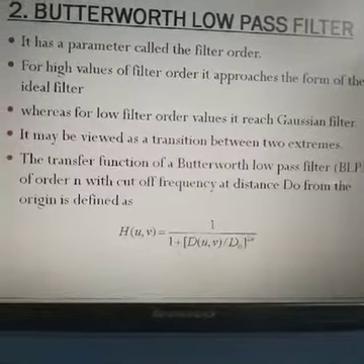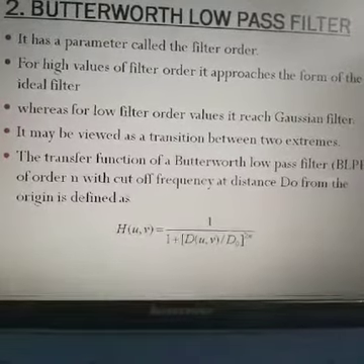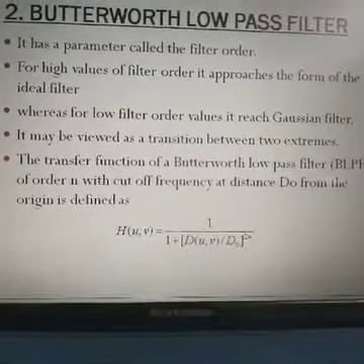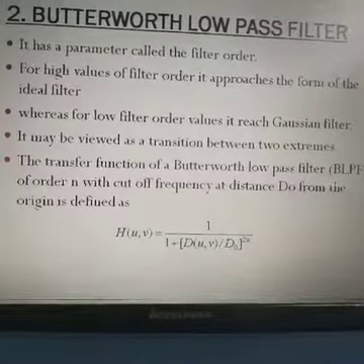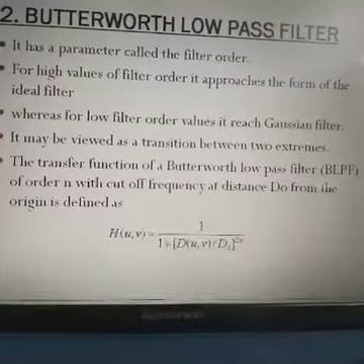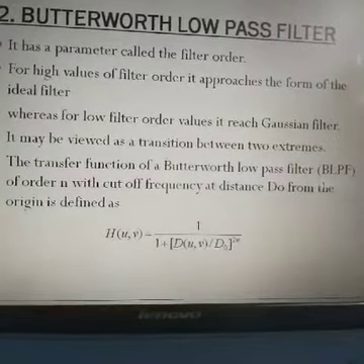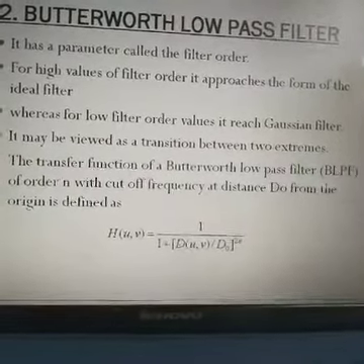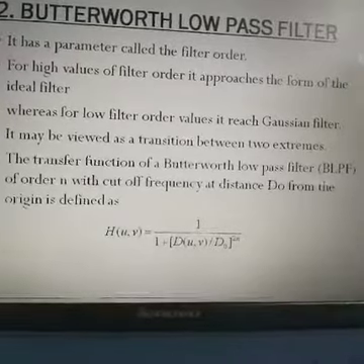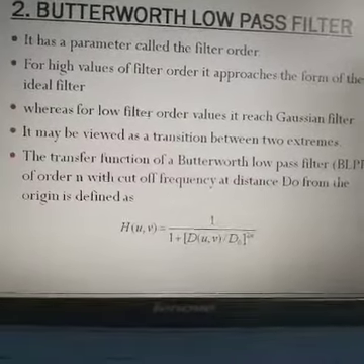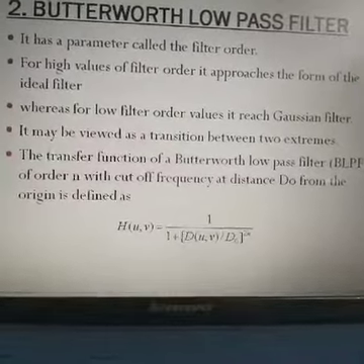We compare the previous result with the next one. For example, we have the ideal low pass filter output result, and we compare that result with the next low pass filter.